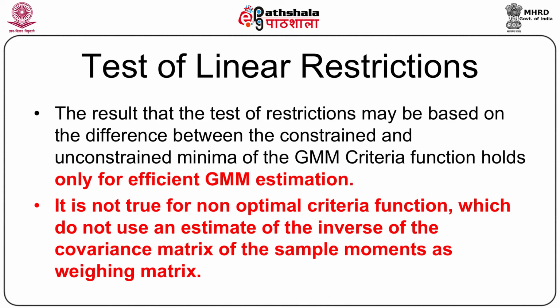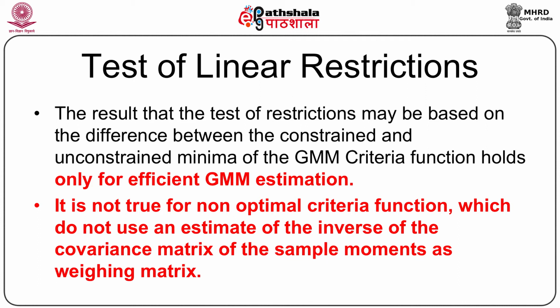The result that a test of restriction may be based on the difference between the constraint and unconstrained minimum of the criteria function holds only for efficient GMM. So the above results hold only if you are using efficient GMM estimation. It is not true for non-optimal criteria functions which do not use an estimate of the inverse of the covariance matrix of the sample moment as the weighting matrix.